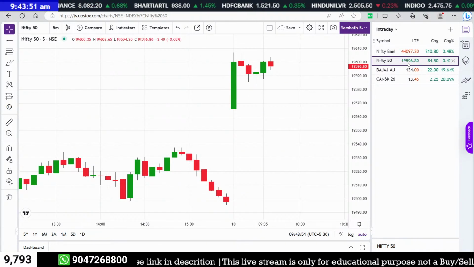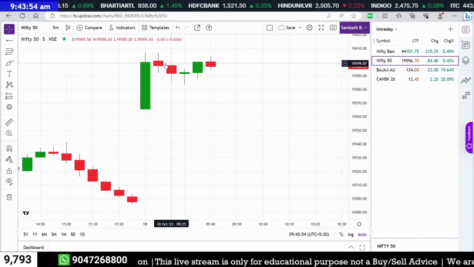Nifty same price, struggling, very flat at the top.